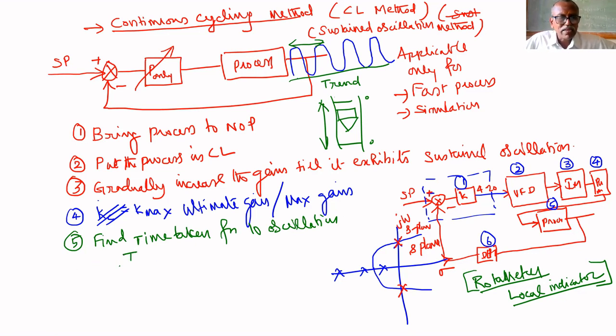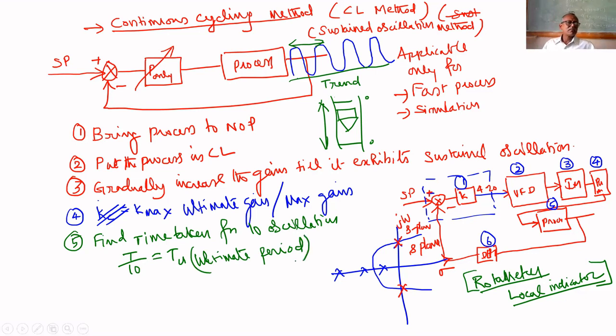Time t divided by 10 gives Tu, the ultimate period. Ultimate period equals t by 10.